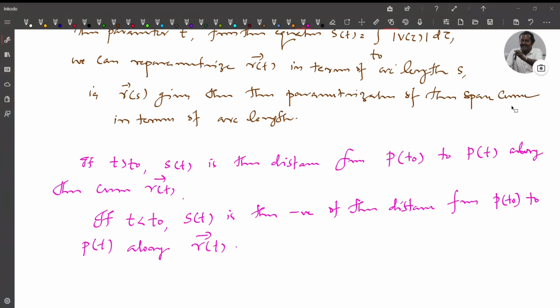We call s an arc length parameter of the curve. The parameter's value increases in the direction of increasing t. The arc length parameter is particularly effective for investigating the turning and twisting nature of space curves.